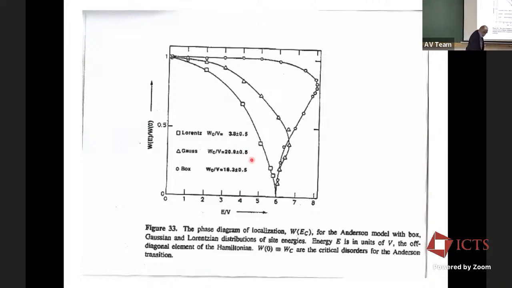And basically what they found was that for small energies and disorder less than a critical value, you have extended states, and outside this region, to the right of this, you have localized states. And you can study this, and we went through that in one of the early lectures.